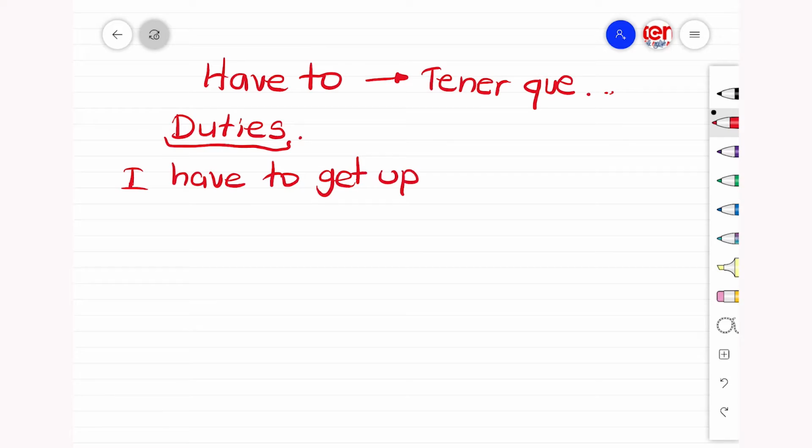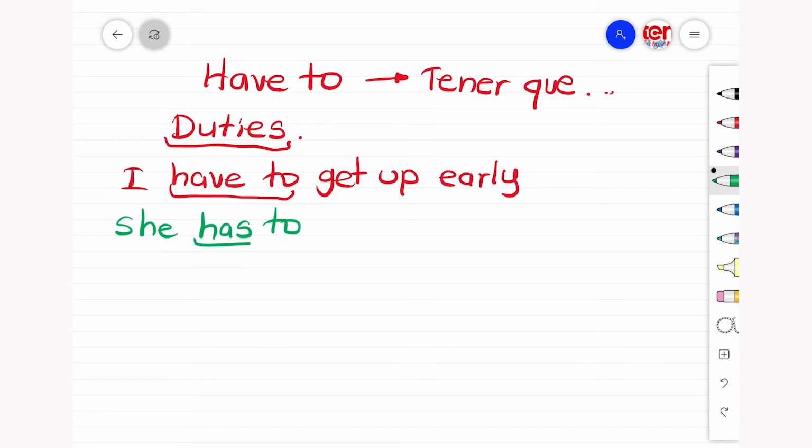Tengo que levantarme temprano. Or we can say, ella tiene que pagar las cuentas. She has to pay the bills. Como acá estamos hablando de una tercera persona, ¿lo recuerdan? No utilizo have, sino has. Hay que tener mucho cuidado con este.